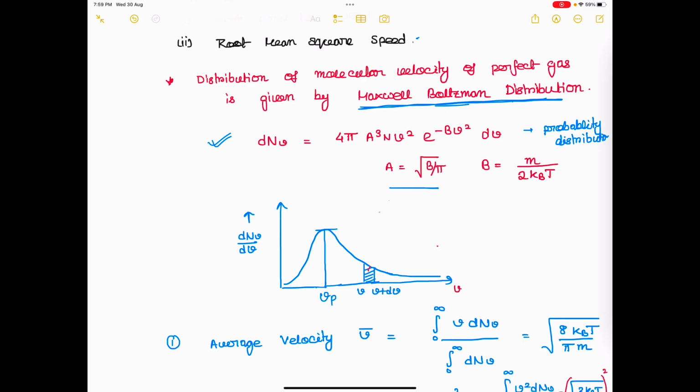Now what does the area under the graph show? The area under the graph which I have drawn between v and v plus dv, I have shaded.